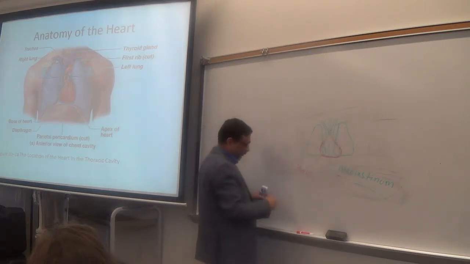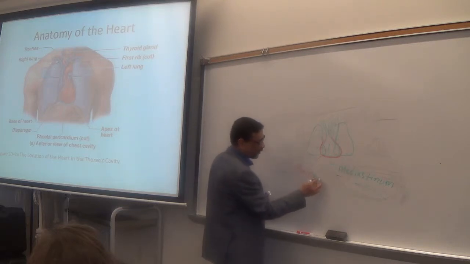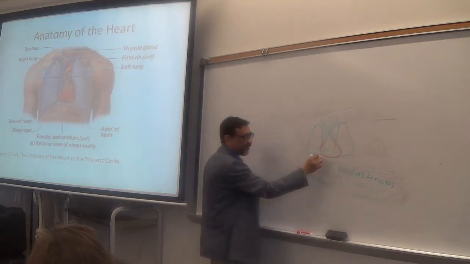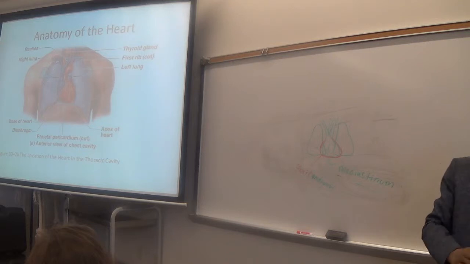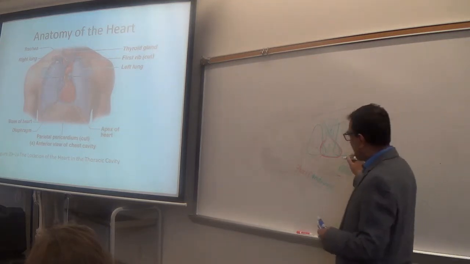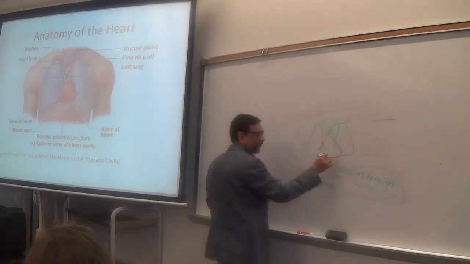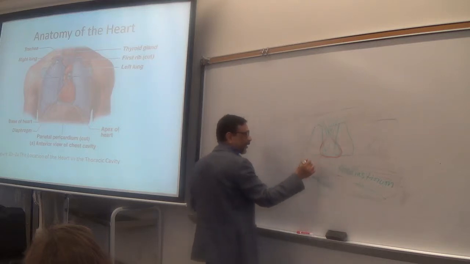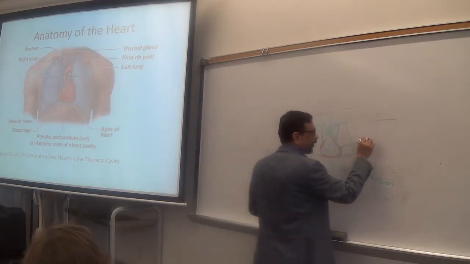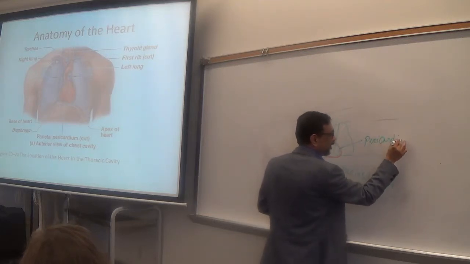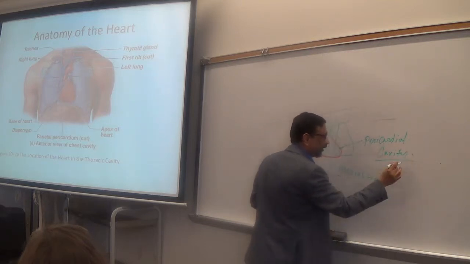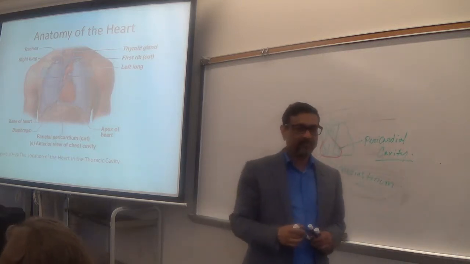So pericardium is the covering, connective tissue covering of the heart. Make sense? And that cavity inside the pericardium is called pericardial cavity, which is located in the inferior mediastinum.